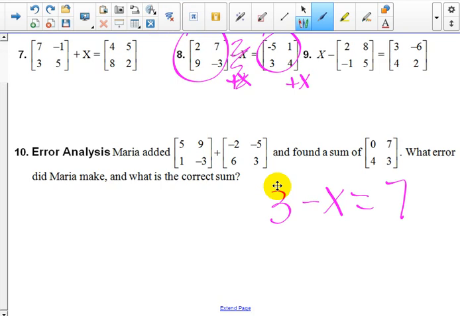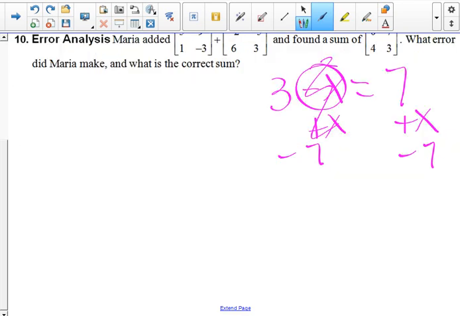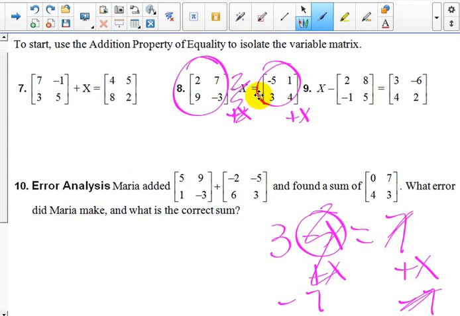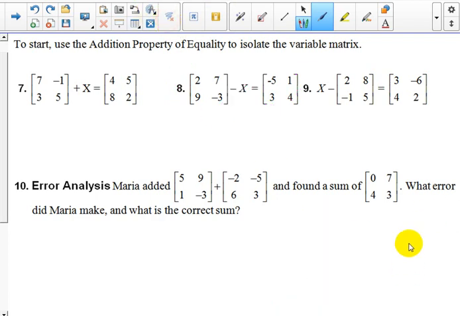What are you going to do? Well, let's add x to each side to get the x positive. And now we've got to subtract 7 from each side to isolate our x. So you have x equals 3 minus 7. Same principle up here. Okay? All right. So I'll give you 3 minutes.